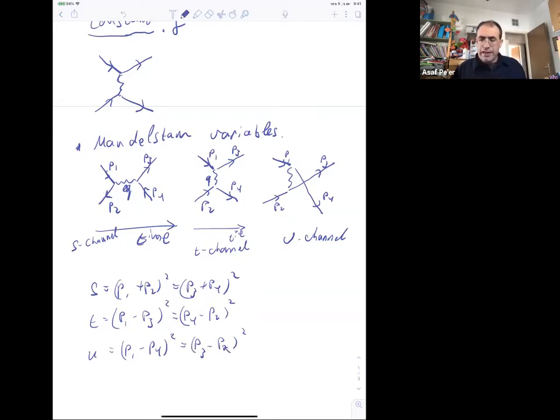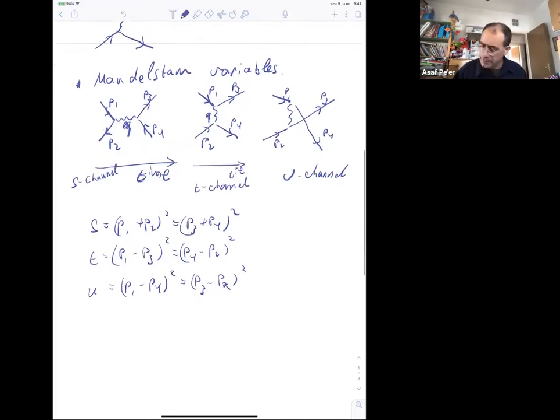These are all Lorentz scalars, so they have the same value in every frame. In particular, we showed that the Lorentz invariant quantity, the square root of S, is nothing but the total energy in the center of mass frame.